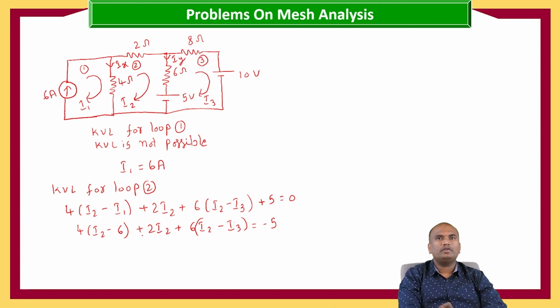Here 4 plus 2, 6 plus 6, 12I2 minus 6I3 is equal to minus 5.